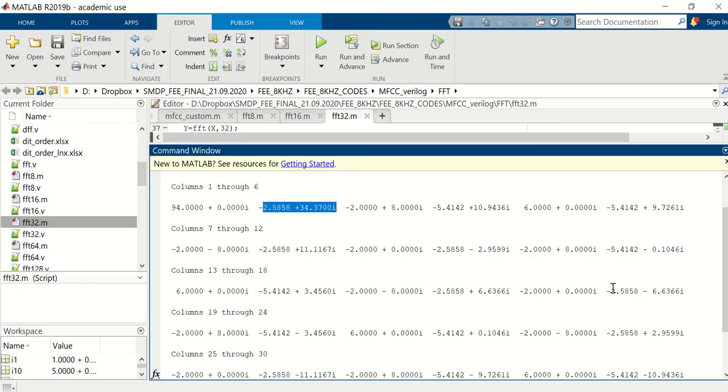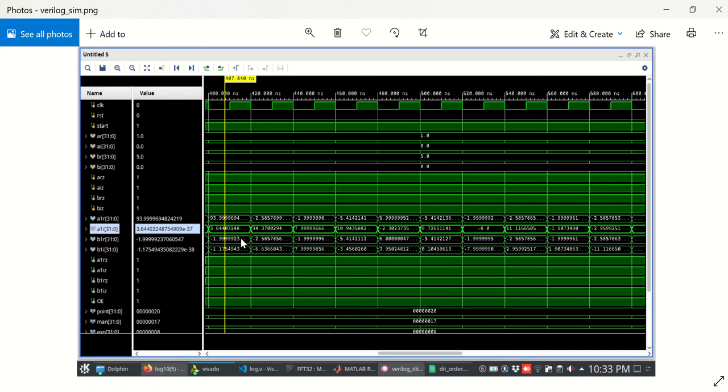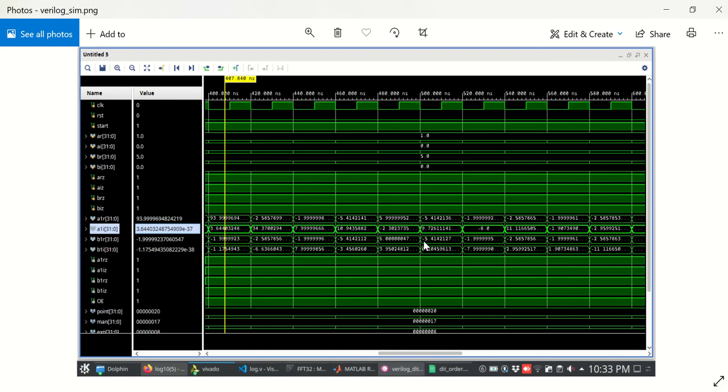So the 17th output is given over here. This is the 18th output, because it's columns 13 to 18, and this is the 17th output, that is minus 2 plus 0i. Yes, minus 1.99 is minus 2 plus 0, because of e power minus 38. The next one is 18, yes, minus 2.585 plus 6.6366. So this is how the correctness of the FFT is verified. Thank you.